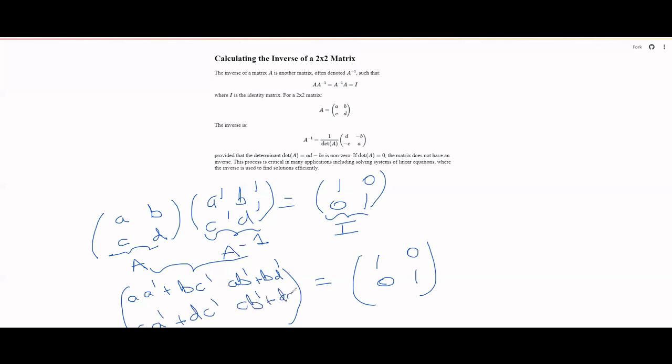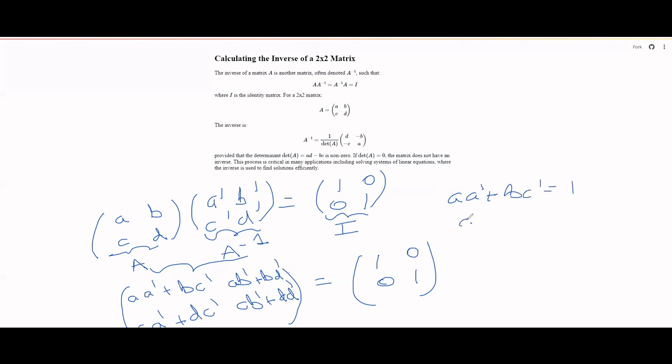And here we go. So what we have here is a system of equations, basically. Or rather, we just have a lot of equations. So we're just saying that the first element has to equal 1, the second has to equal 0, and so on and so forth. So this just reduces to a combination of equations. So A times A prime plus B times C prime equals 1.